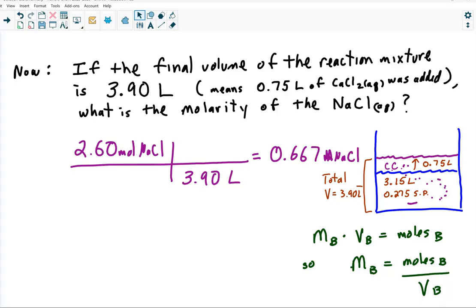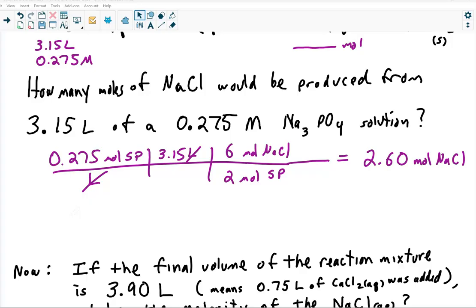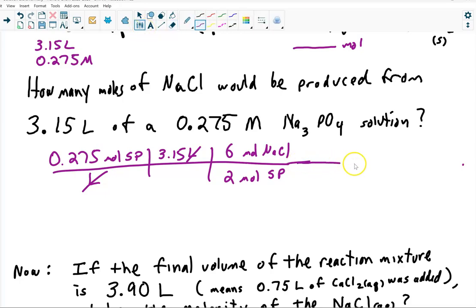And so you see the way I did that. I could have done it if I had asked you that up here. If I had told you that the final volume was 3.90 liters, couldn't you have taken the moles of NaCl and divided it by that 3.90 liters?